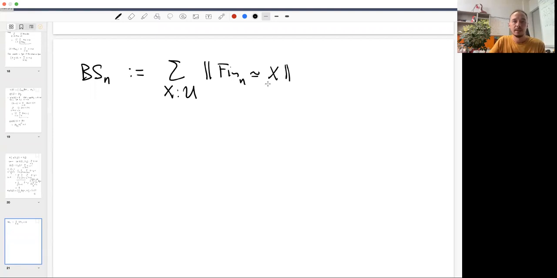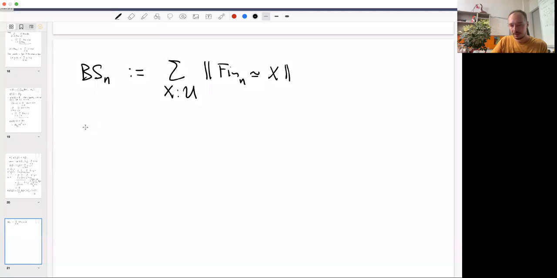And by the univalence axiom, I'm going to show this for n equals 2, but still, I can just.